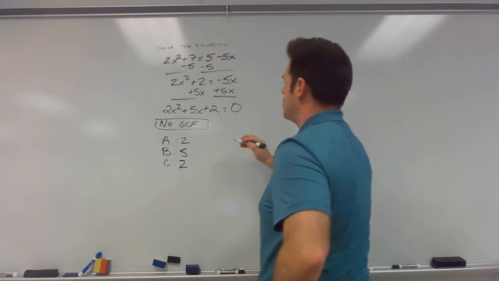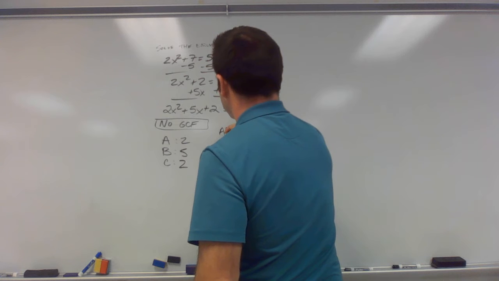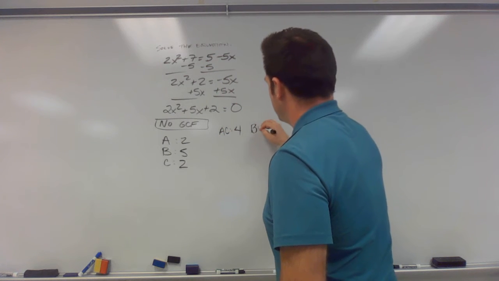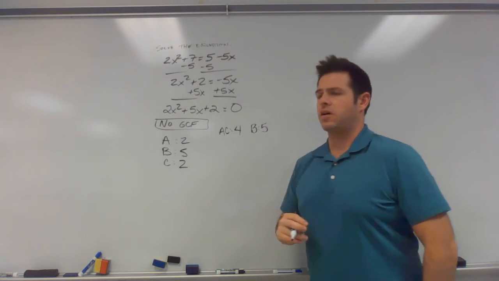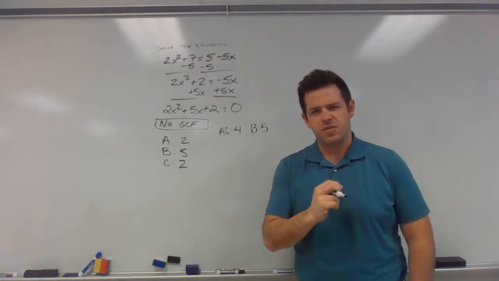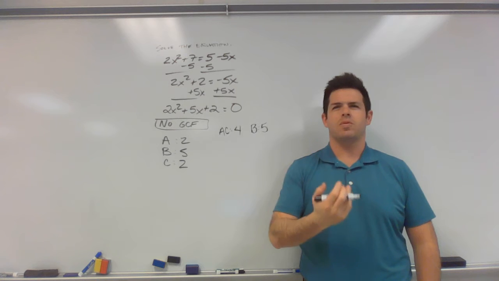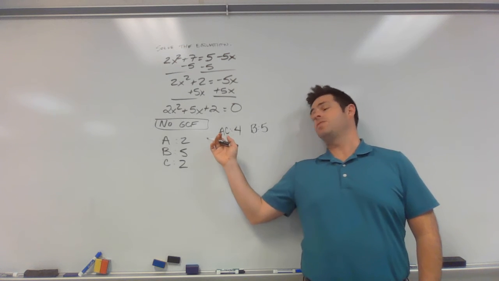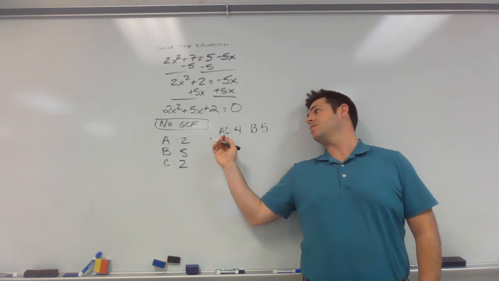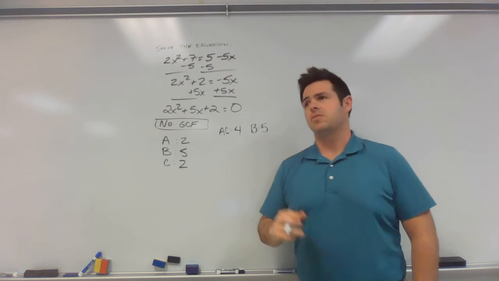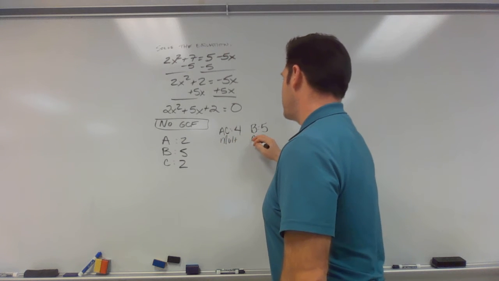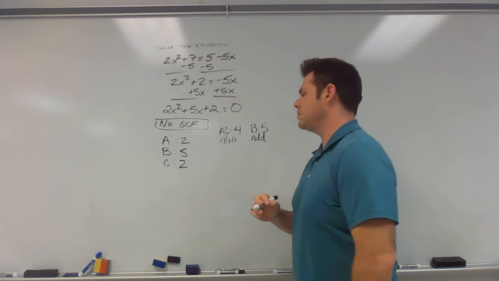AC, in this case 2 times 2, would be 4, and B is the number 5. So for this problem, in the factor by grouping method, I want to figure out 2 numbers that multiply to AC and add up to B. So 2 numbers that multiply to 4 and add to 5.